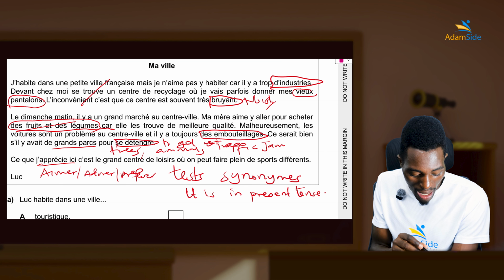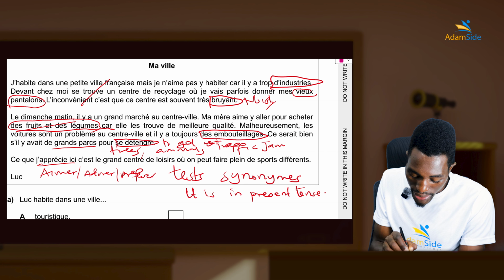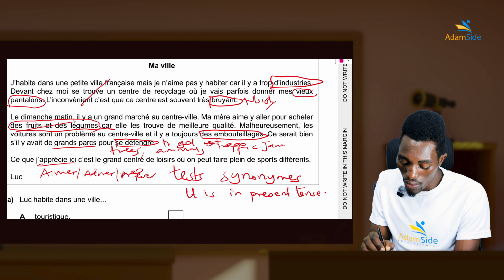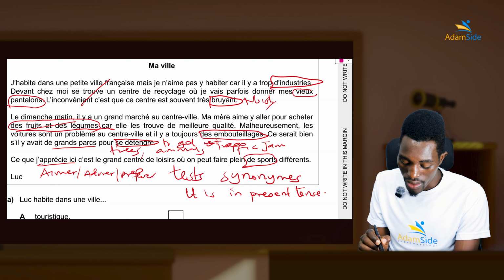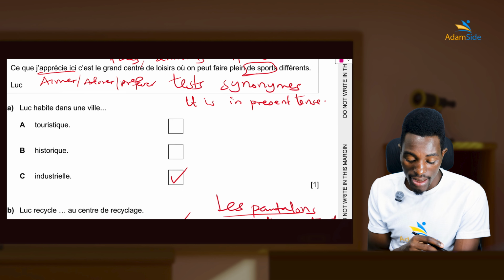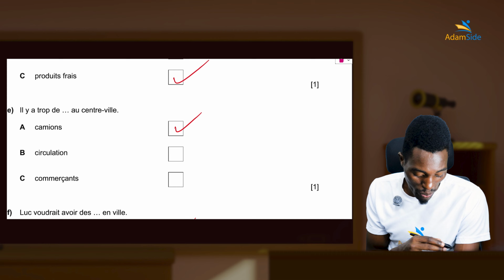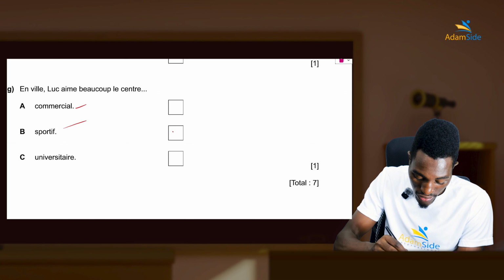So what I appreciate much is the big center of leisure where I can do sports. So what Luc likes is sports. So we have to get to the question and find an answer. So the answer here is B.